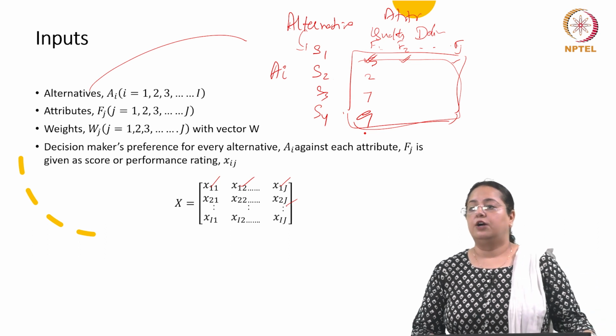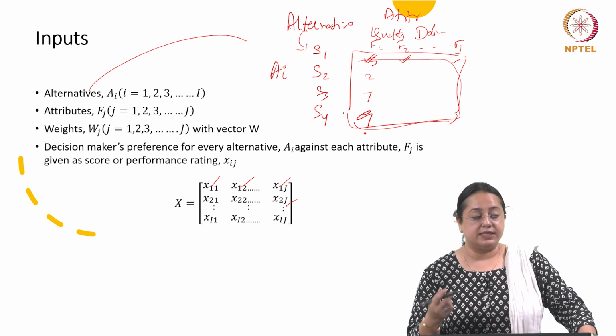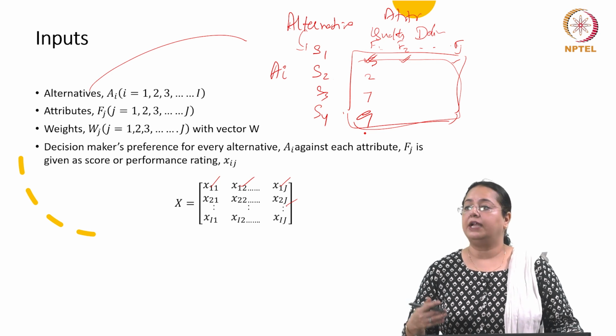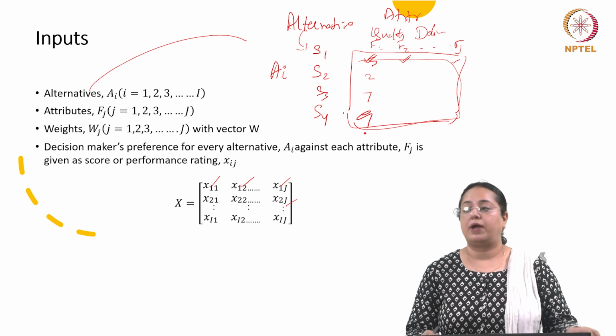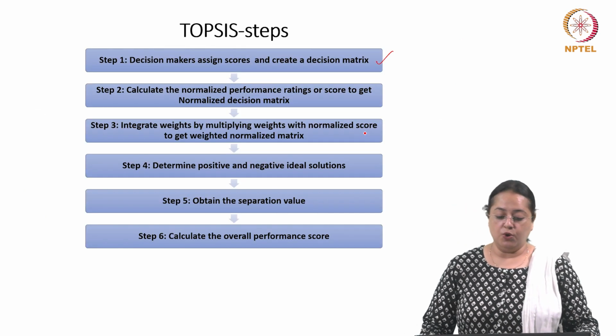So to cater to the subjectivity, because a lot of subjective judgment goes in, as we get the experts' opinion in terms of providing the scores, it is very important first to normalize.